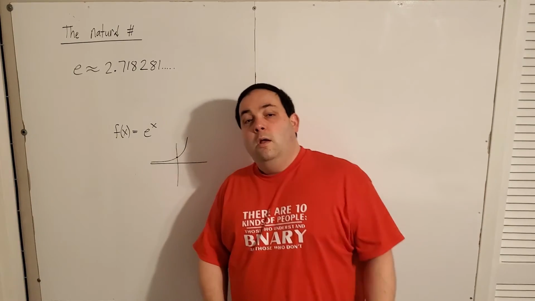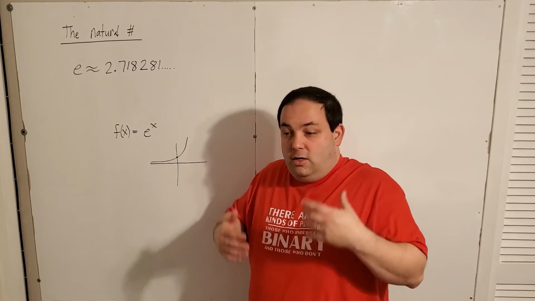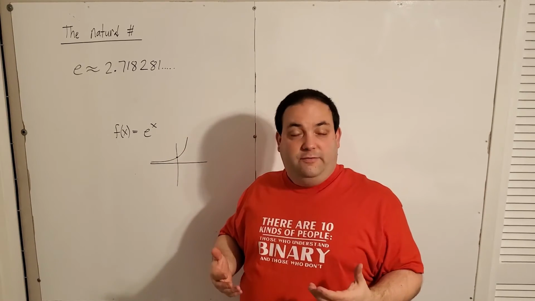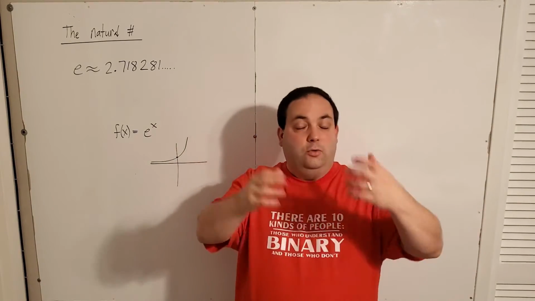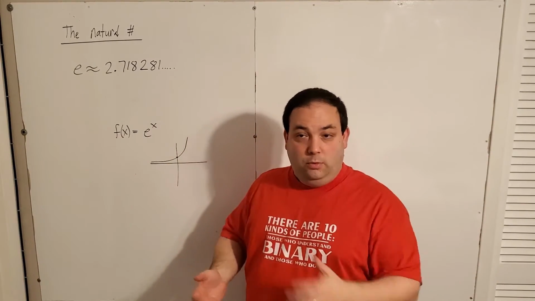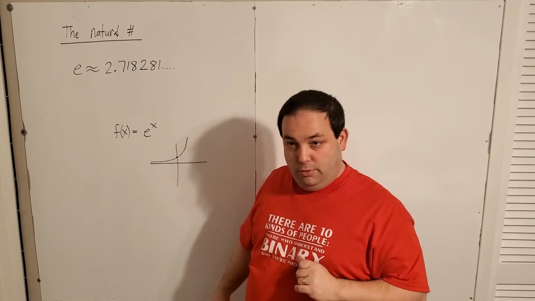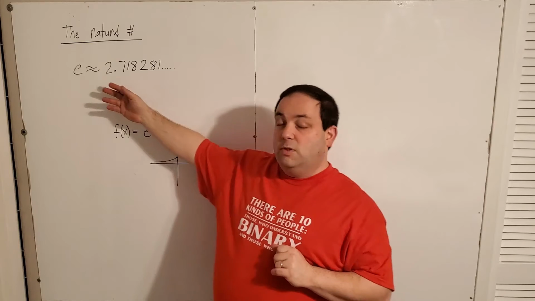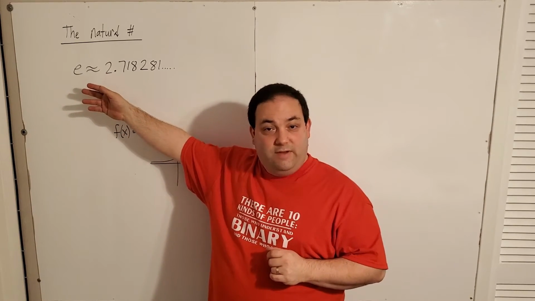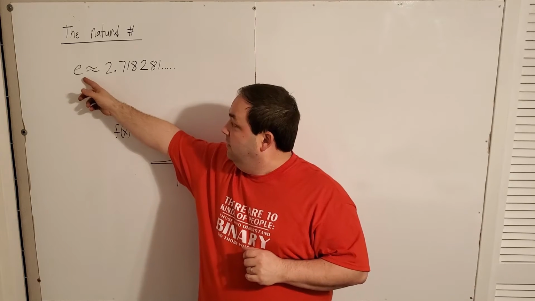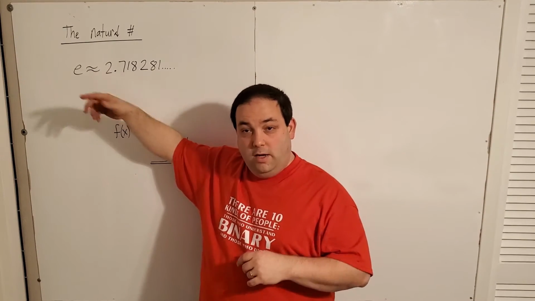Okay, well, a much more modern special number that comes up in lots of different natural applications, even the growth in pine cones and trees and even people, okay, is this number that we call the natural number. Okay, it's symbolized with a lowercase e, which is why we never use little e as a variable. Much like pi got its own symbol, this one got the letter e, right?